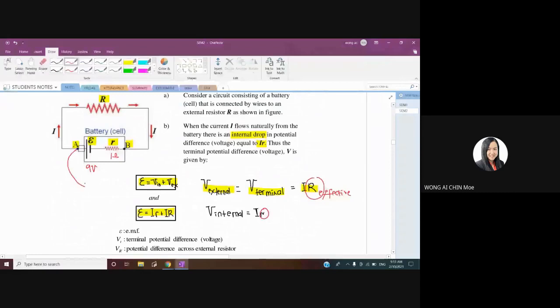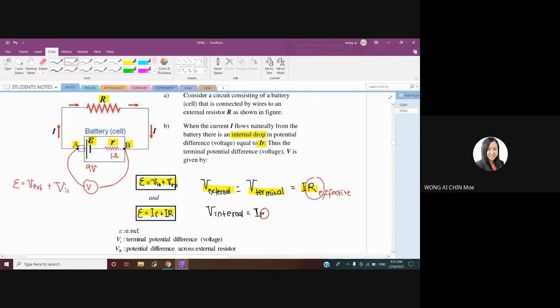If you connect a voltmeter, we need to measure from A to B, meaning we measure the external potential difference across A to B. So we can write in this way, EMF equals V external plus V internal.